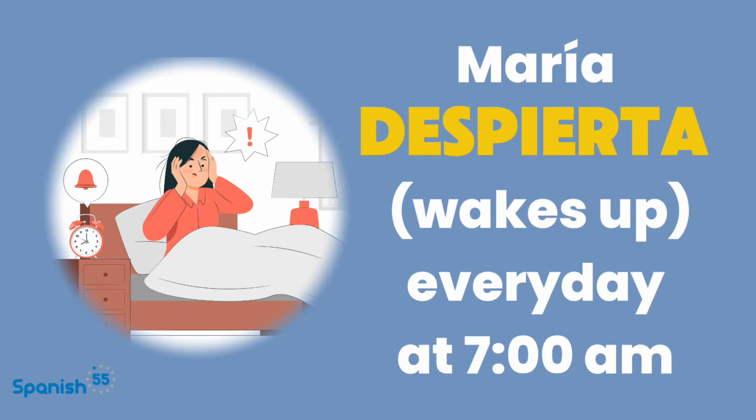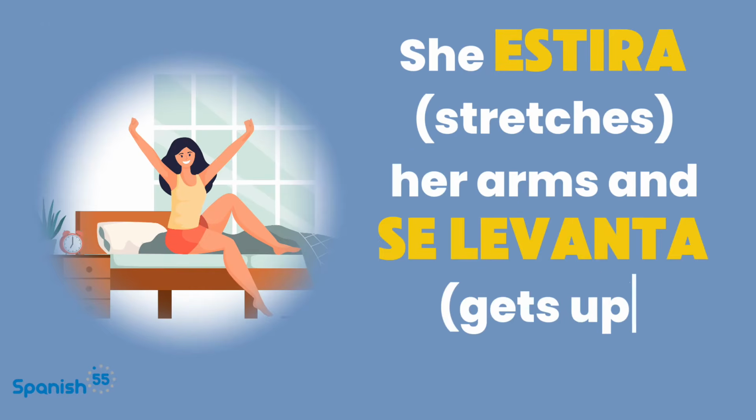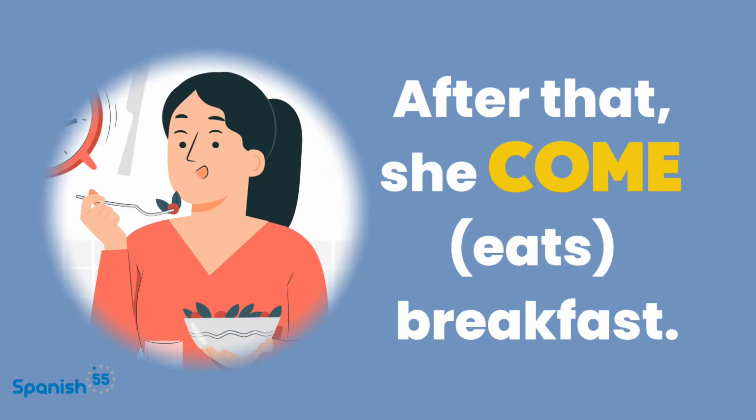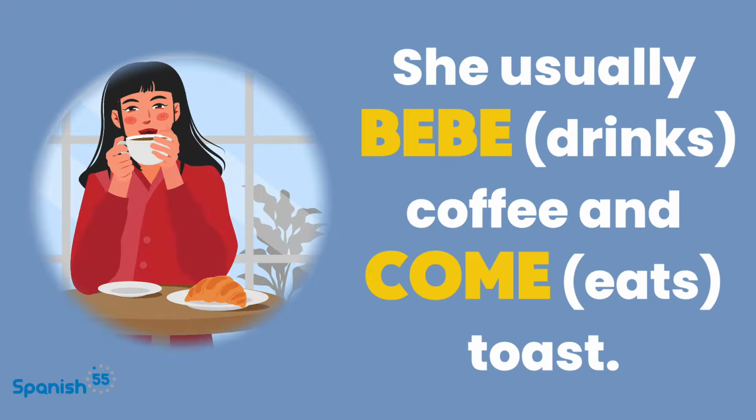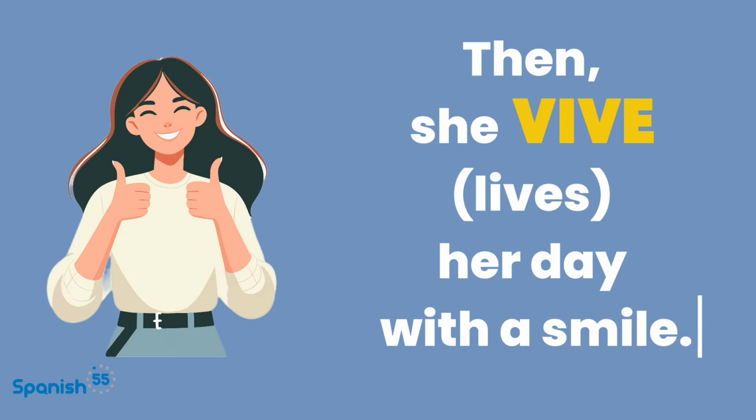María despierta every day at 7 a.m. She estira her arms and se levanta from bed. After that, she come breakfast. She usually bebe coffee and come toast. Then she vive her day with a smile.